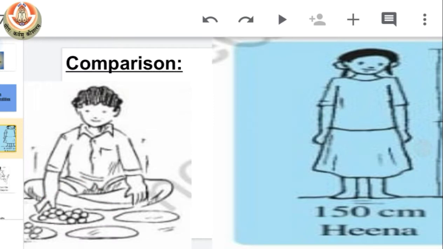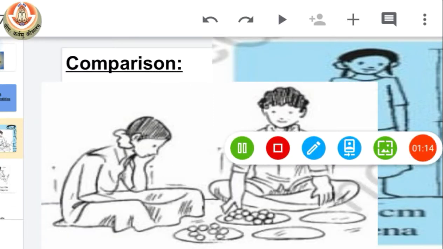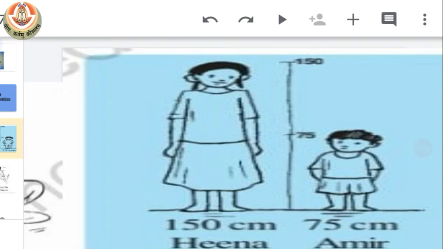So we can see, now you can say that the comparison between the number of laddus eaten by the girl and the number of laddus eaten by the boy could be possible. Whereas on the other hand, the height of Amir and Hina is given.